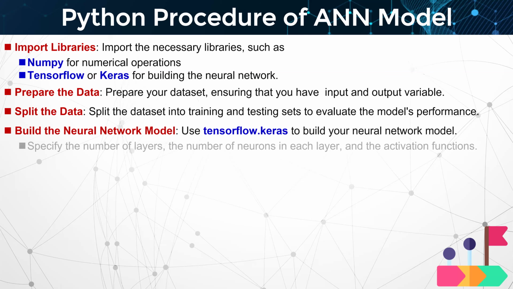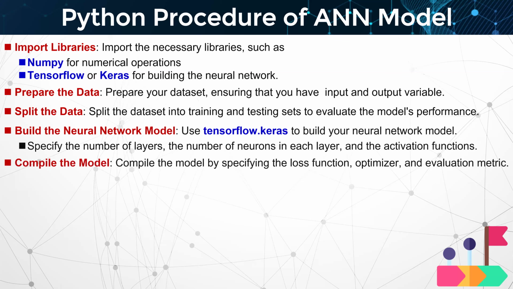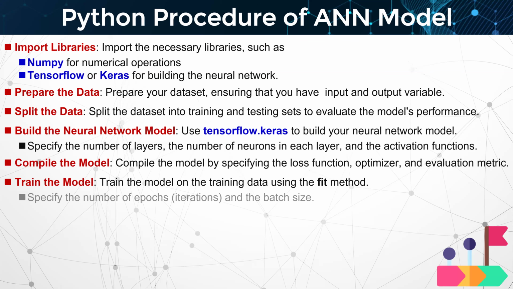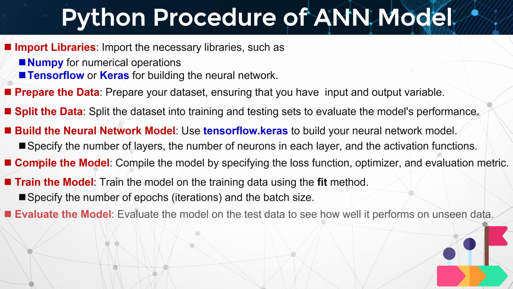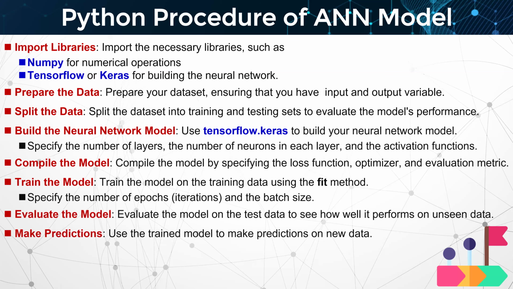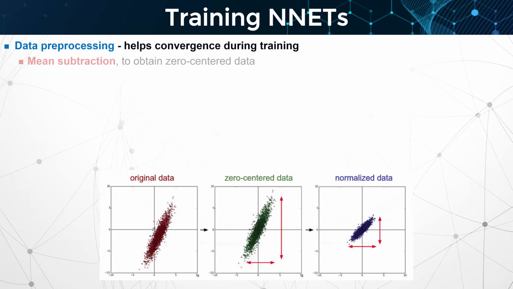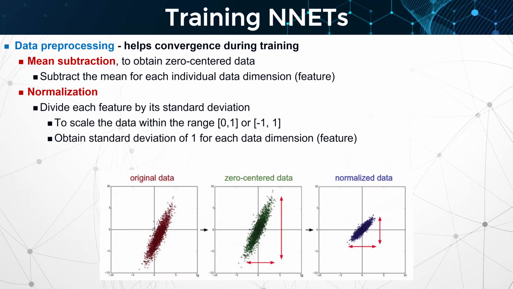Build the network in terms of hidden layers, activation function, and so on. Compile the model, then training of the model with the stopping criteria, number of training cycles or iterations, and finally evaluation of this network. We have different techniques for data pre-processing, including normalization. I will not go through the details of this.